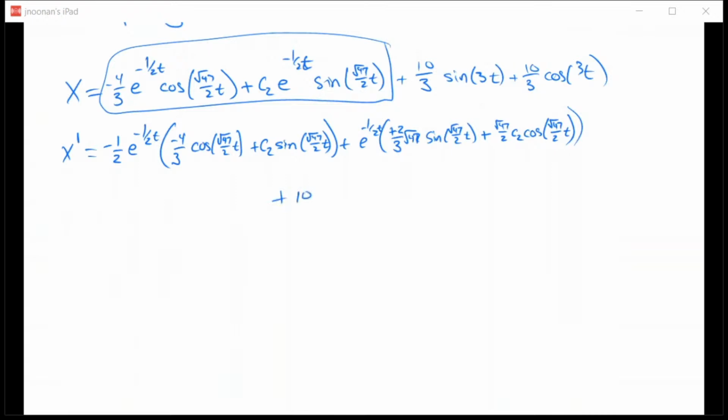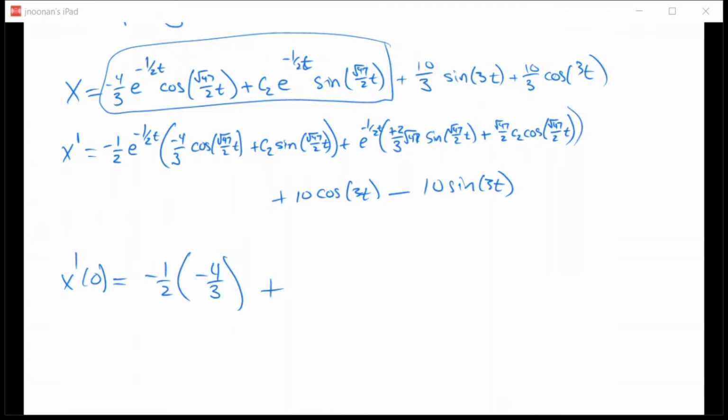Let's see. So 10 cosine of 3t minus 10 sine of 3t. Okay, finally I got my derivative, and I did the product rule here. I factored out the e to the negative 1/2 t, and then did the product rule there. Whew. x prime of 0 is negative 1/2 times negative 4/3 plus, let's see, that's going to be something ugly.